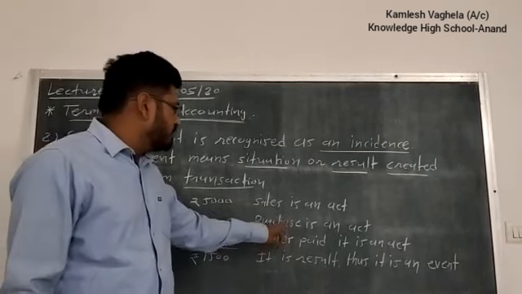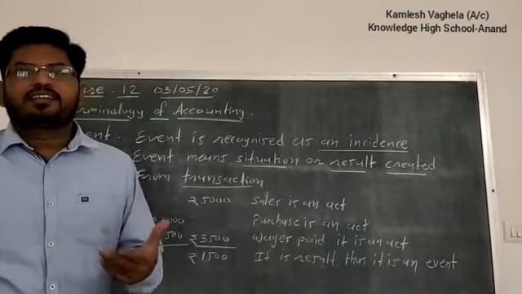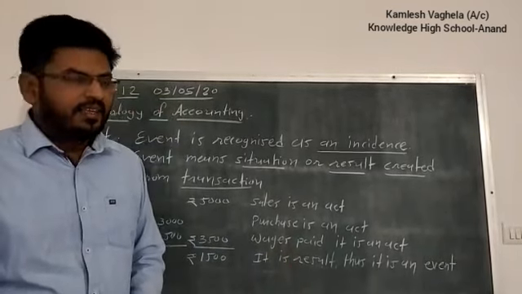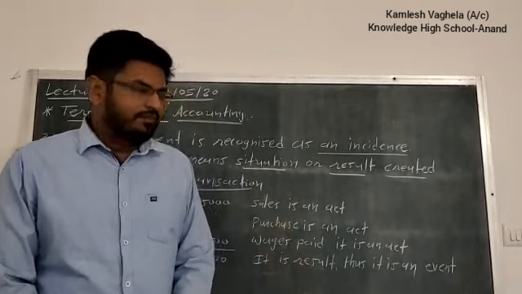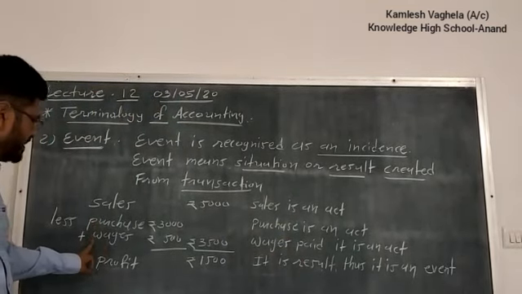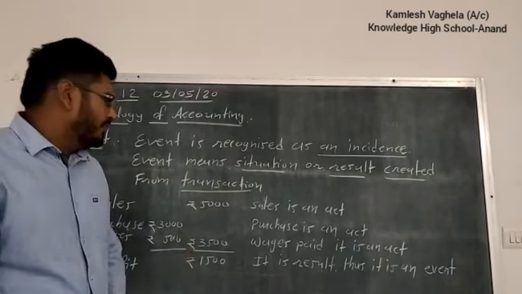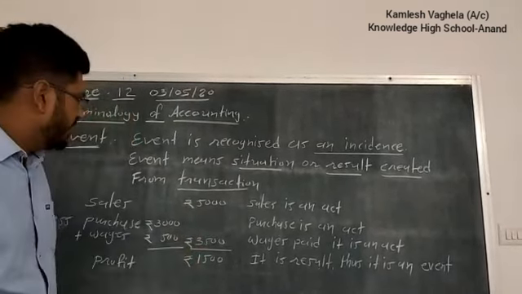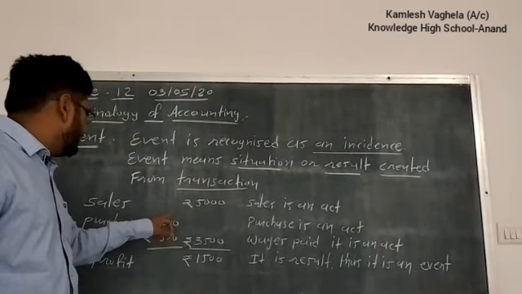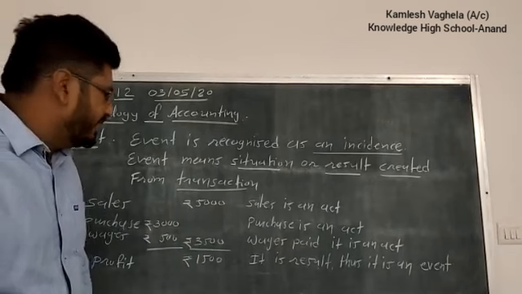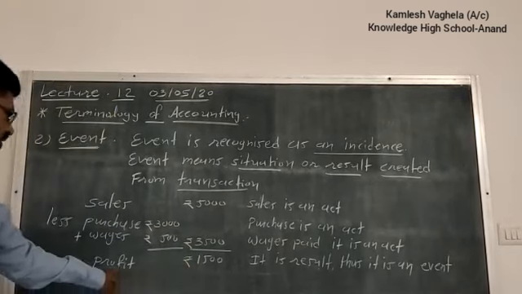This purchase is also an act, a transaction, and this wages paid is also an act. So we have sold these goods for 5,000 and the total cost is 3,500, so this 1,500 rupees is our profit.